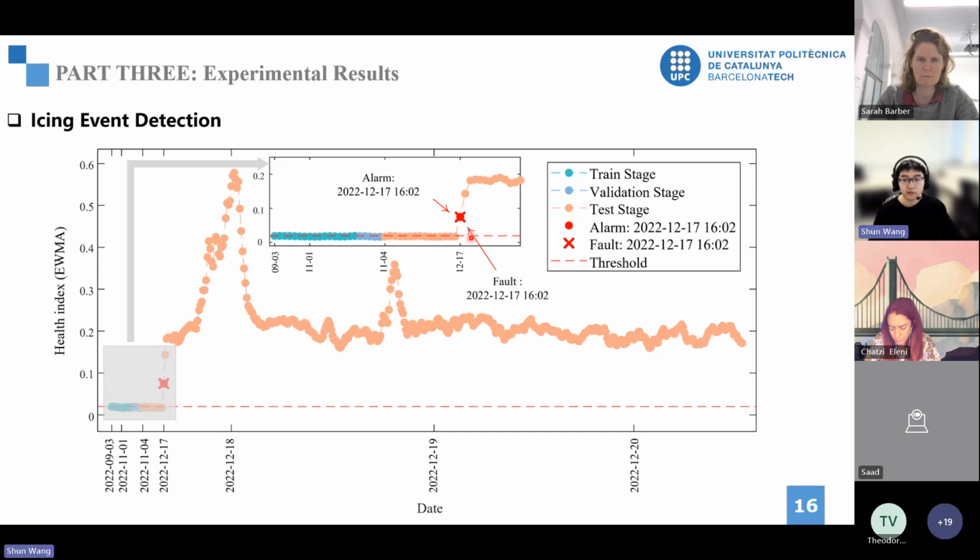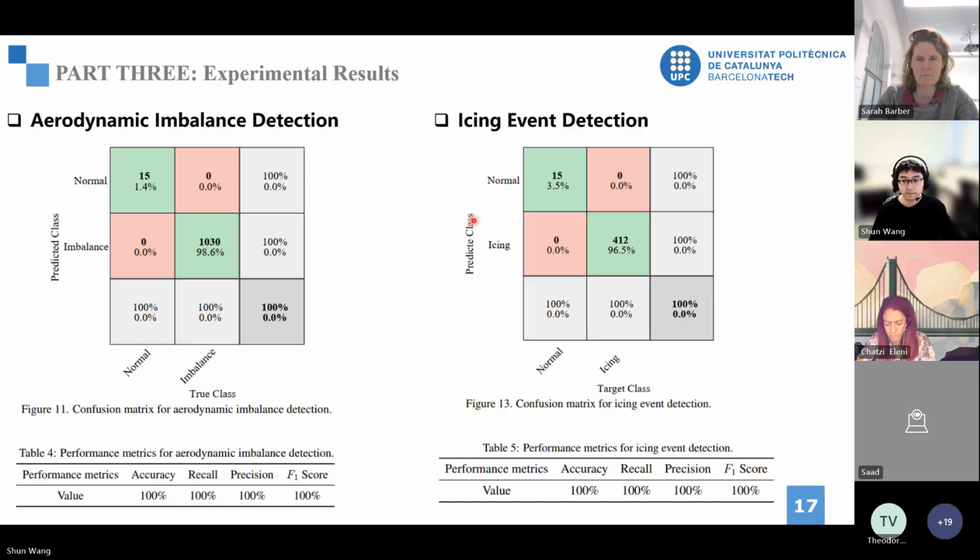Here, the health index clearly jumps above the threshold when the icing began. For imbalance and icing, the performance metrics show 100% accuracy. Our solution successfully detects all faults with no false alarms or missed events.